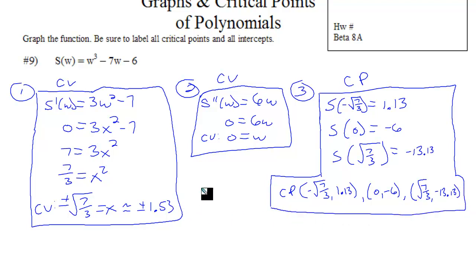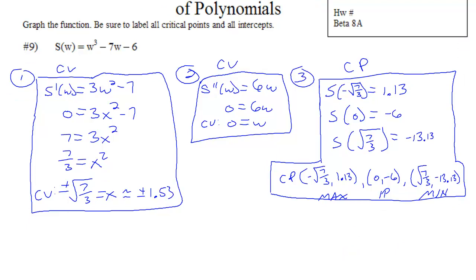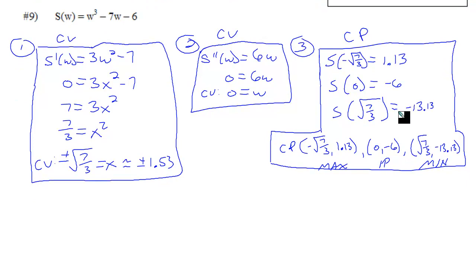Now I have to determine which each of these are. And I'll tell you right now, this is a maximum, this is an inflection point, this is a minimum. The same logic that I showed you in an earlier problem. I forget which one, maybe number 7. But let's show you the work. I need to pick a test point to the left of negative square roots of 7/3, such as negative 2.